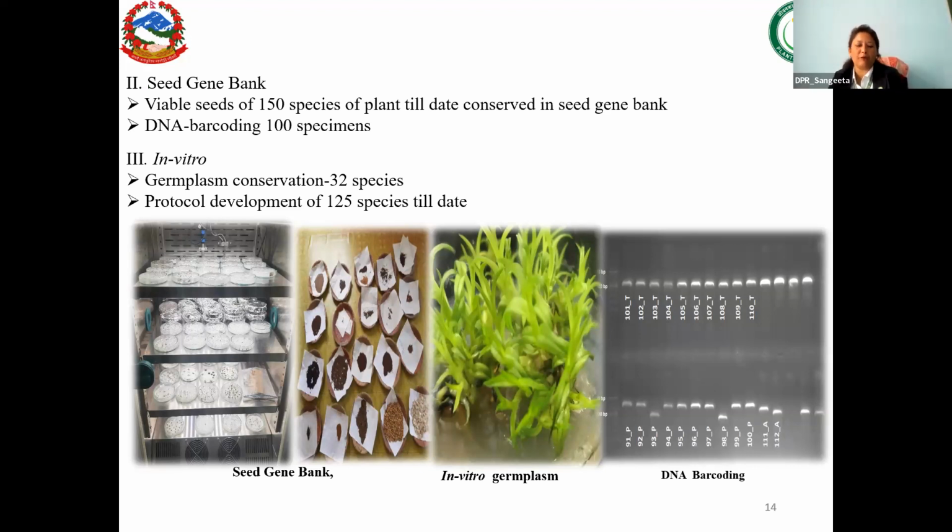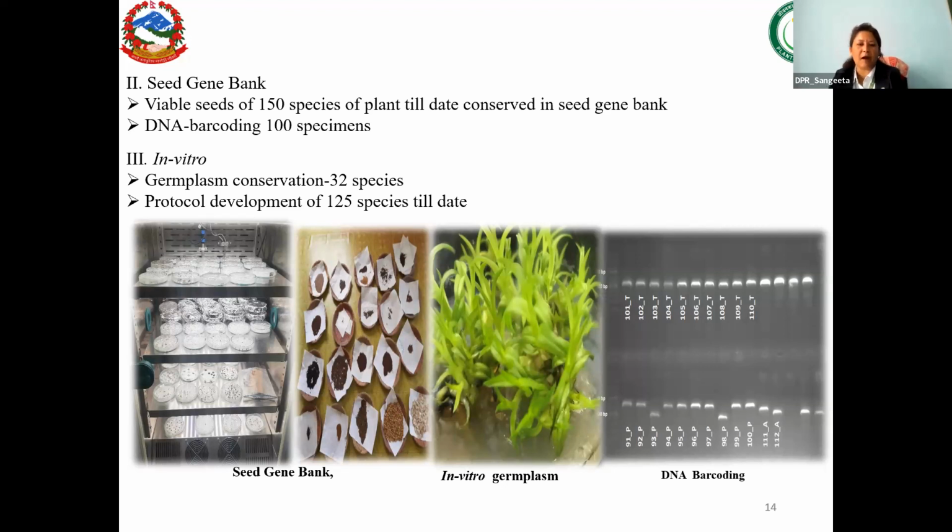Till now, we have been able to conserve the viable seeds of more than 150 species of plants in that seed bank. And regular viability testing is going on for the conservation for future use of those species, and the main focus is on endangered and endemic plants which have to be conserved for future generations.